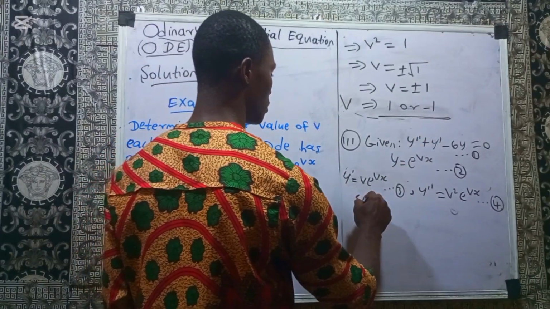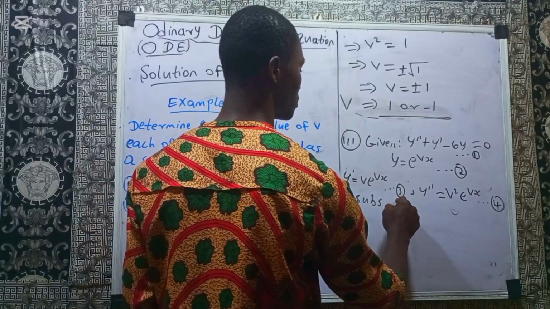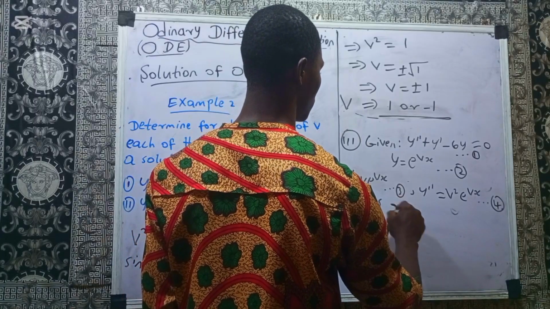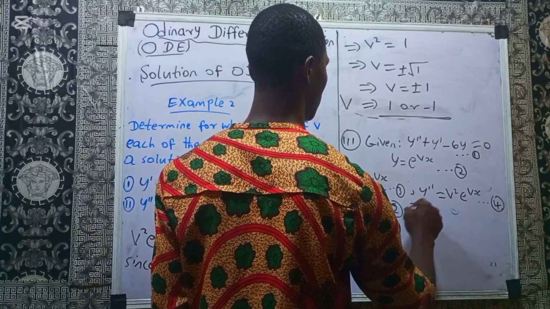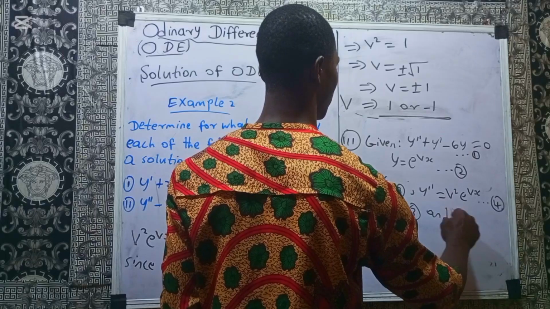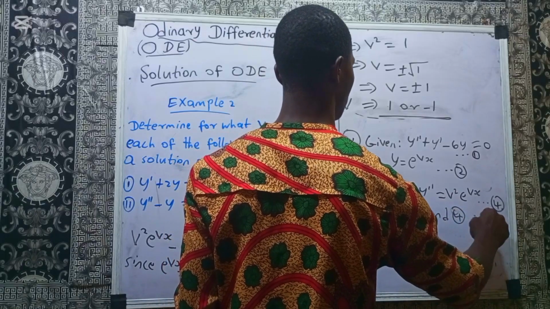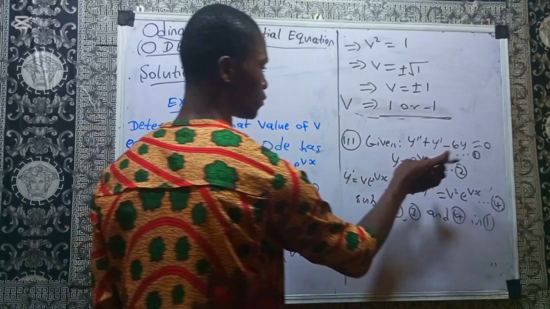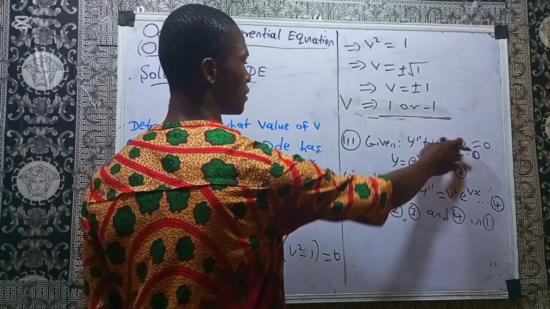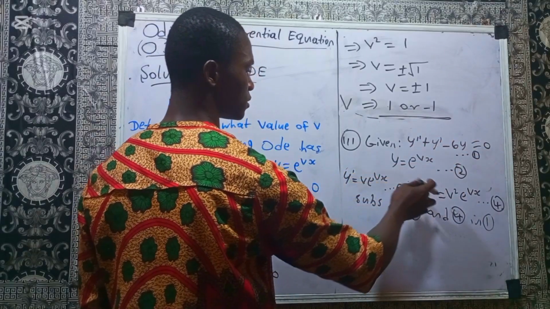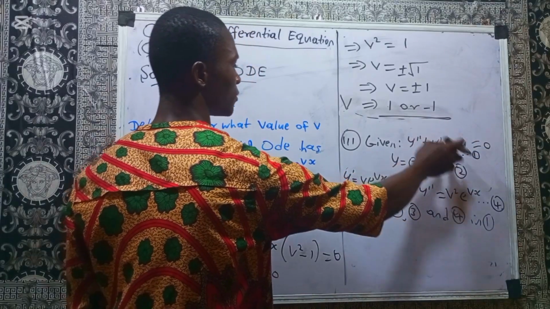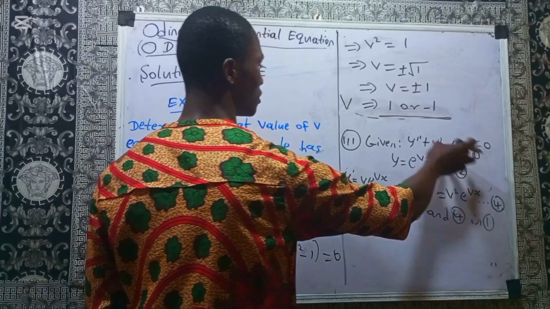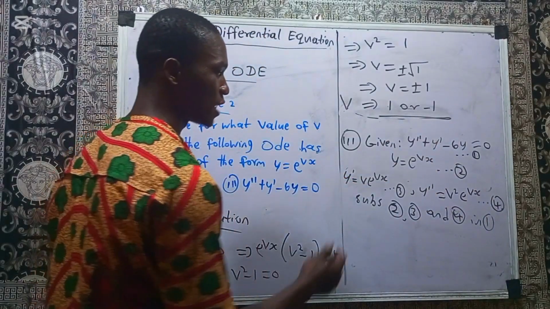So we substitute 2, 3 and 4 in 1: this one for y, the third equation for y prime, and the fourth equation for y prime prime in that given ODE.